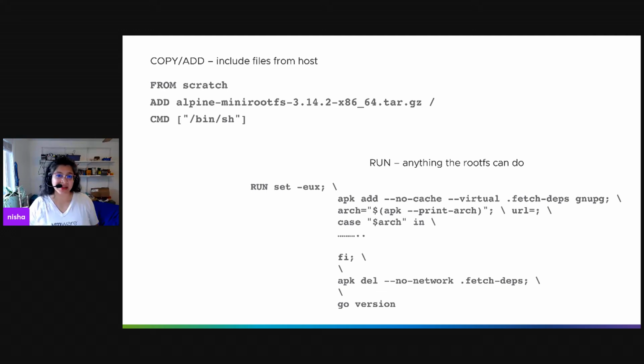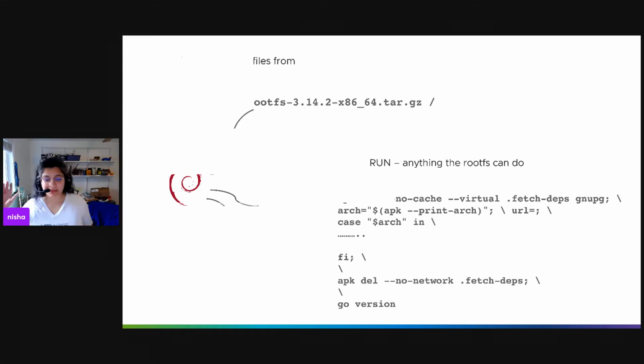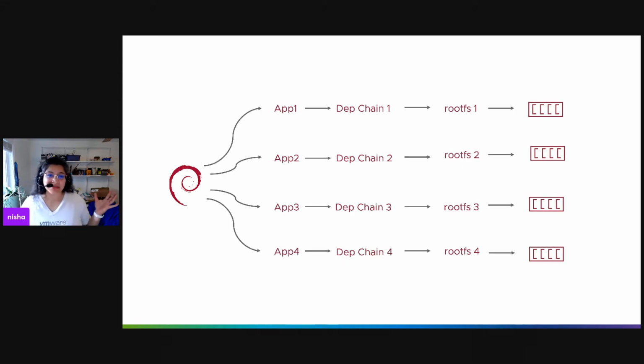So it's something that we're trying very hard to figure out what to do, and we think that distro providers can actually help us with this. And one way is that if we give the distro provider our applications, then they would be able to create that specific dependency chain and create the root FS and then package it into a container.